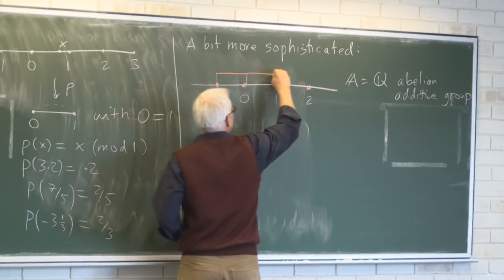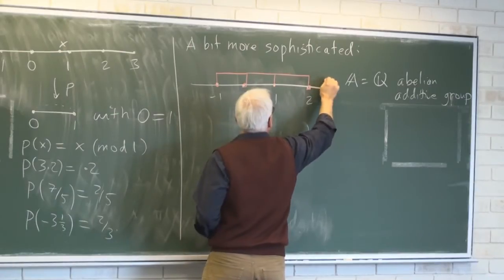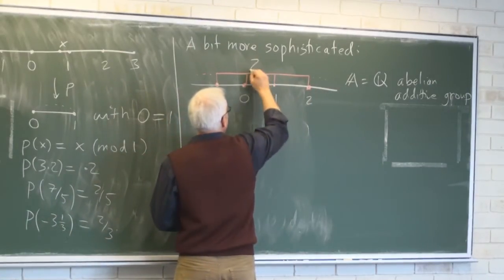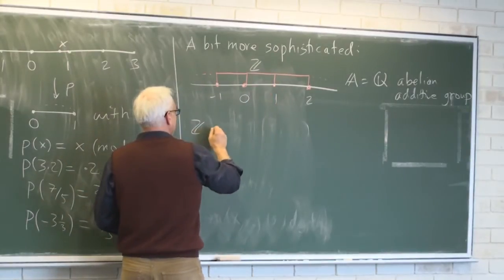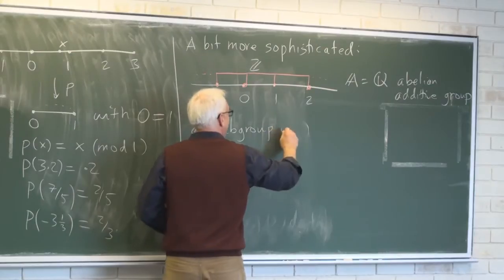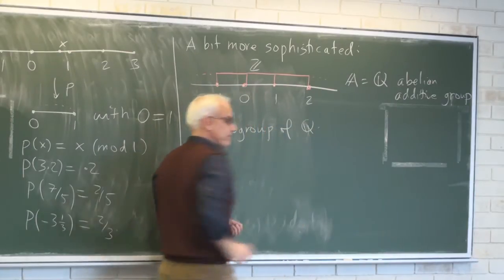Maybe we'll denote it like this. So there is the subgroup Z. Z is a subgroup of Q.